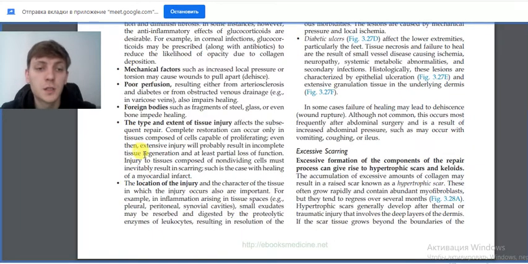The type and extent of tissue injury. Some tissue injuries cause incomplete regeneration and loss of function. For example, the healing of a myocardial infarct. Scar formation is usually a good outcome.